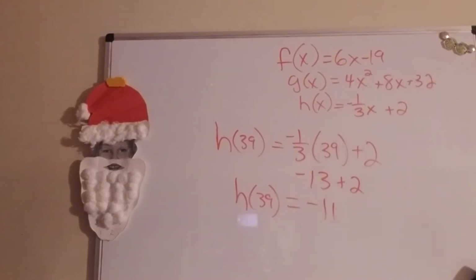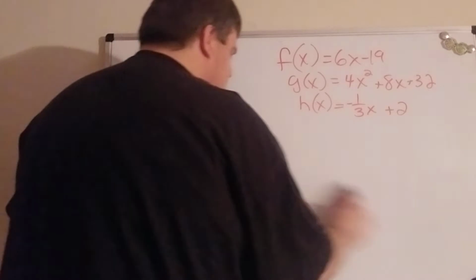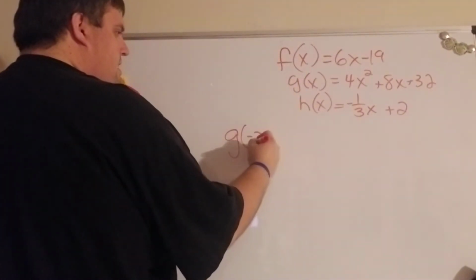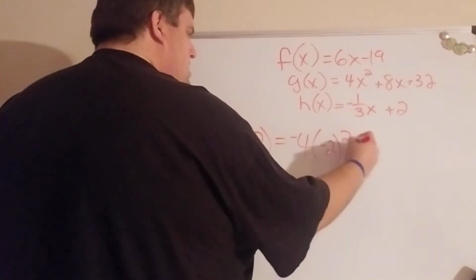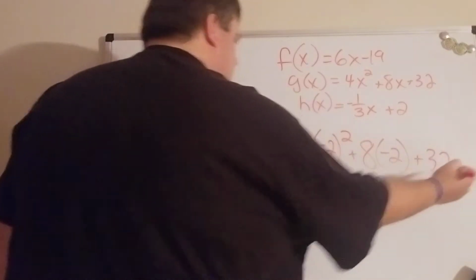And the last one at the top there, we had g of negative 2. So g of negative 2, there we go.